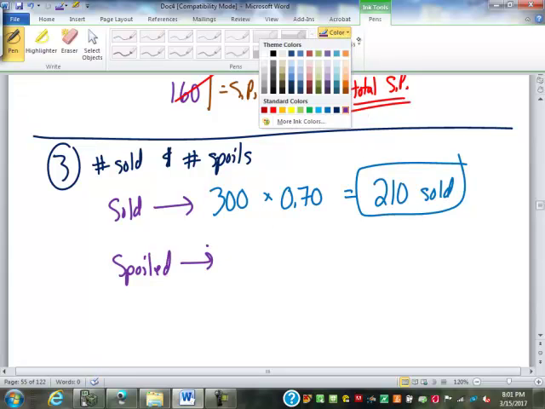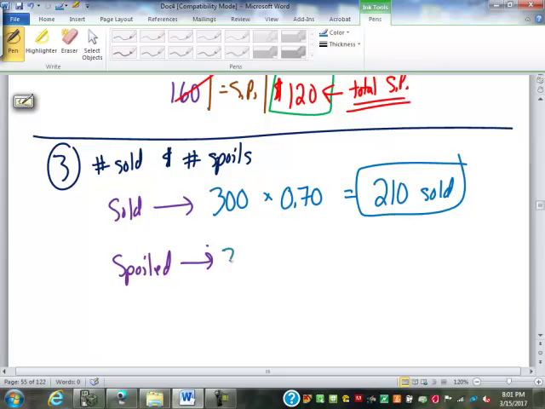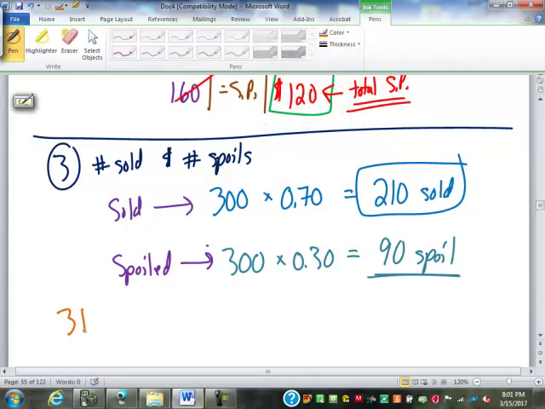Spoiled. 300 times the 30% that's spoiled means 90 will spoil. Yes, I do mean step 3B. There's an extra little sub-step here.